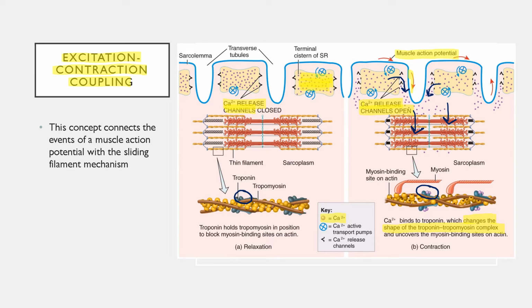So we have excitation, meaning the muscle action potential moving along the sarcolemma, and also down into the T-tubules. And then the contraction part is the sliding filament mechanism.